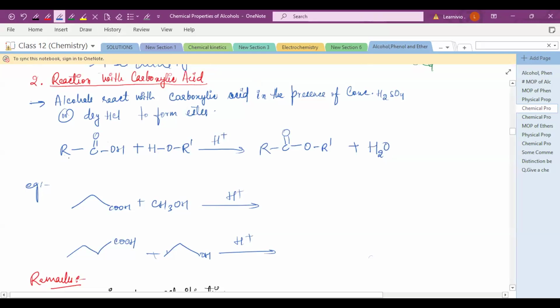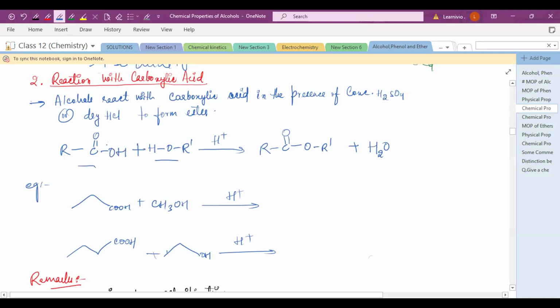This is the carboxylic acid RCOOH, and this is your R-OH, the alcohol.